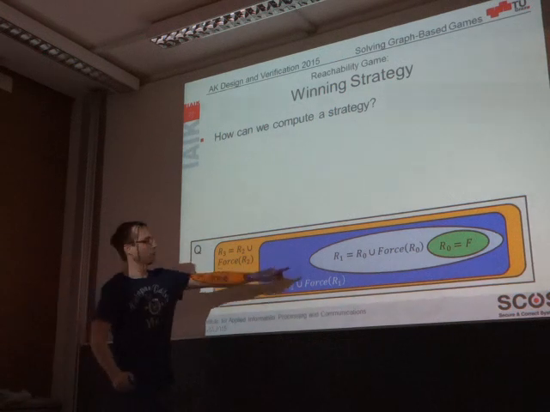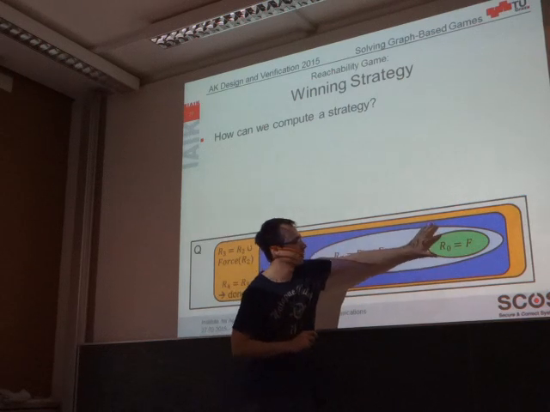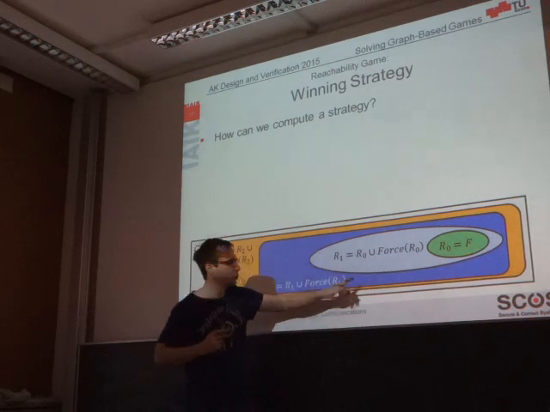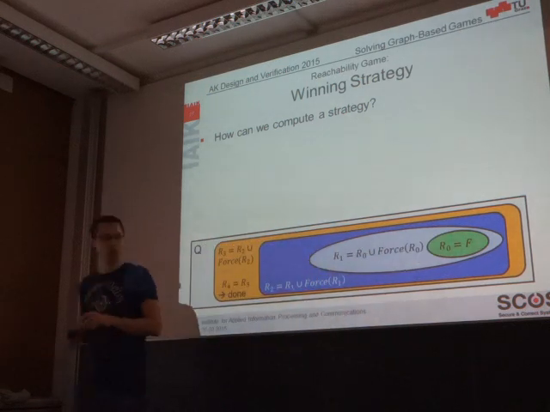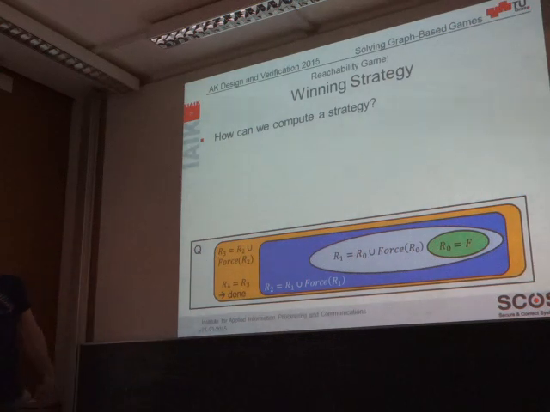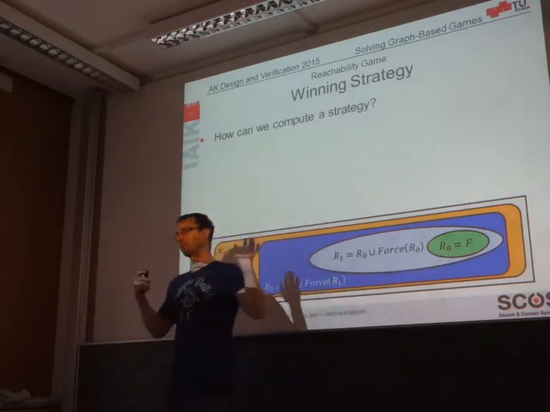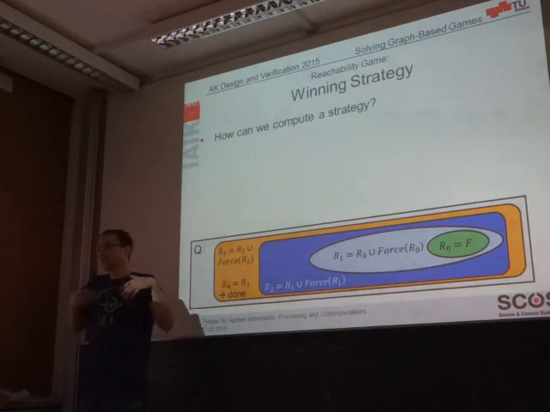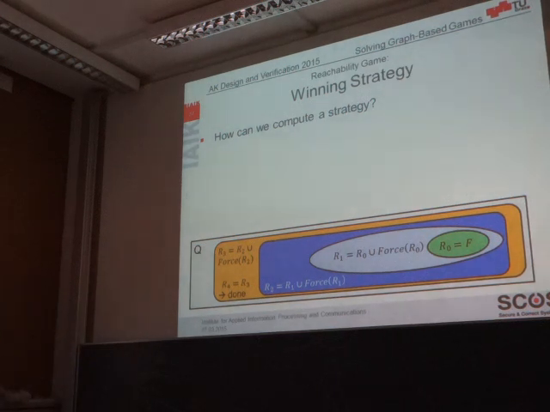So whenever we are in such a light blue region, but not yet in green, remember that actually all the green states are also part of the light blue region, but whenever we are in the light blue region but not yet in green, we just pick an edge which brings us to green. And whenever we are in blue, then we pick an edge that brings us into light blue. Maybe we are lucky and this edge to light blue is actually an edge to green, maybe not. Doesn't matter. In any case, we get a little bit closer to our goal, and in every step we get a little bit closer, so eventually we must reach our green states.